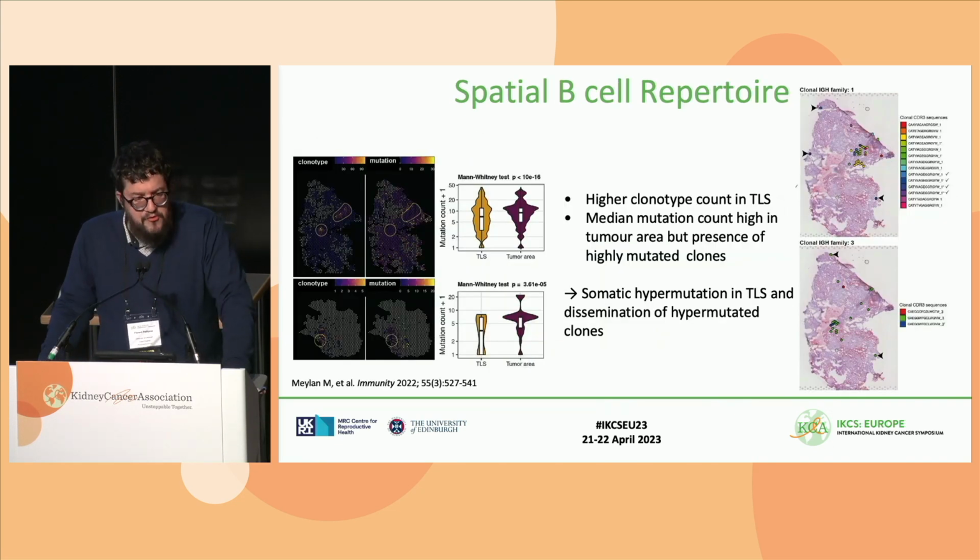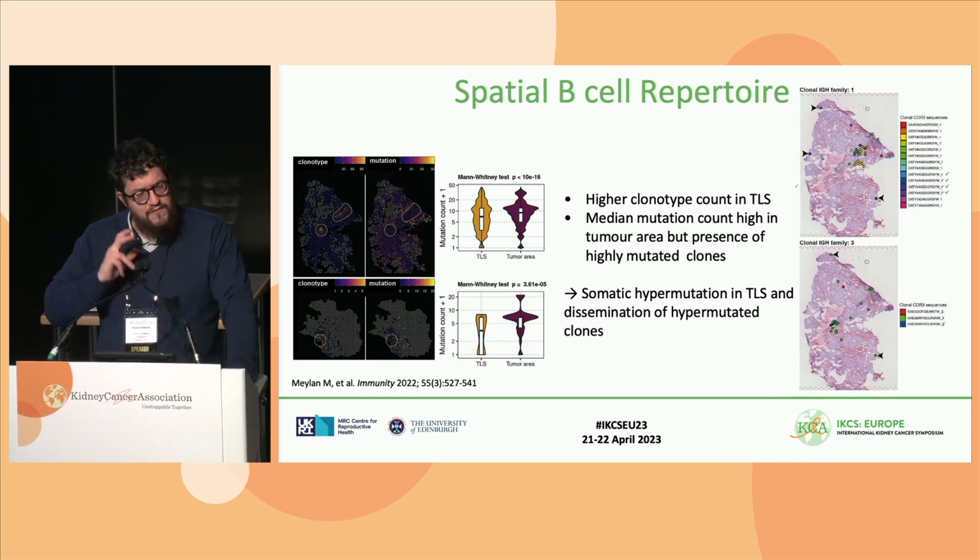Using spatial transcriptomics, we could also look at the B cell repertoire of these tumors in a spatially resolved way. We were able to see that inside the tertiary infrastructures, we had higher clonotype counts, and we had higher mutation counts in the rest of the tumor than just in the tertiary infrastructures.